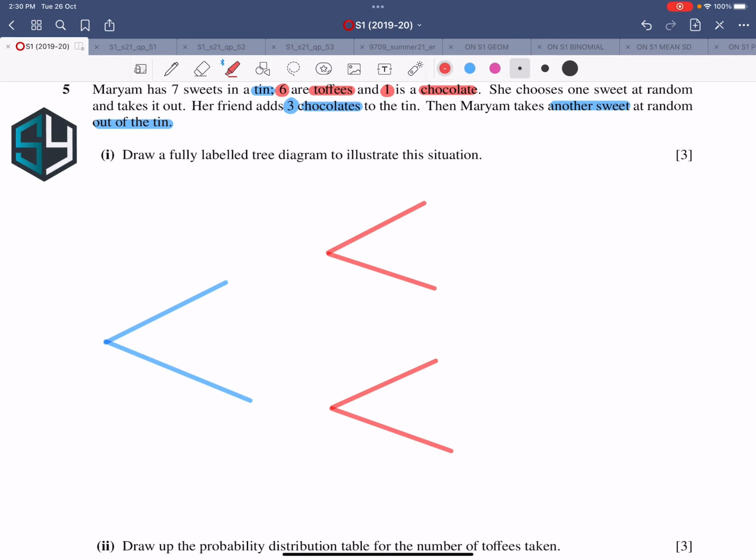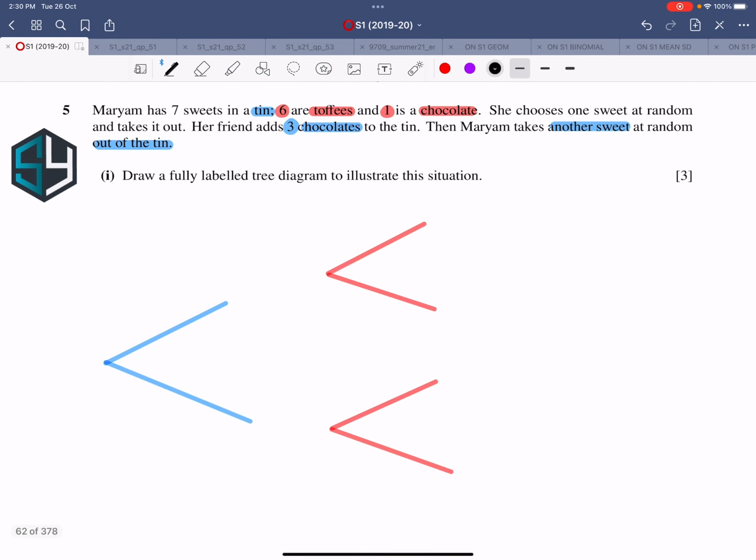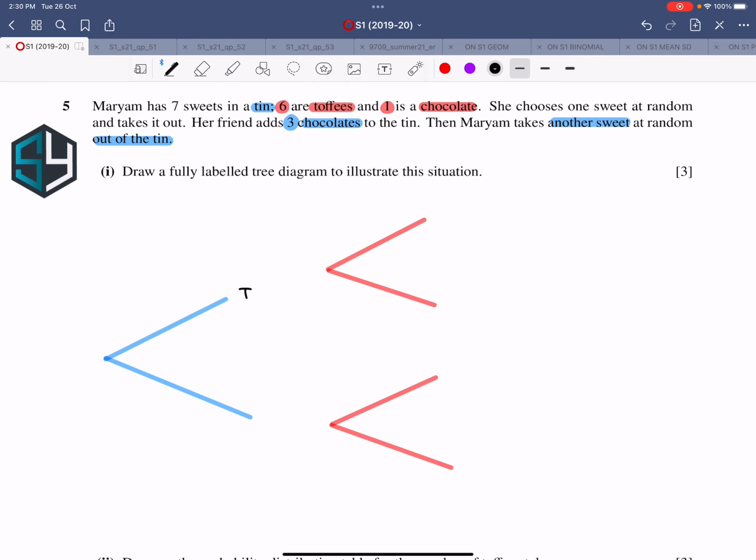Since they are talking about toffee first and then chocolate, labeling counts a lot. This is toffee, this is chocolate, and toffee, chocolate, toffee, chocolate. This is the first pick and this one is the second pick.